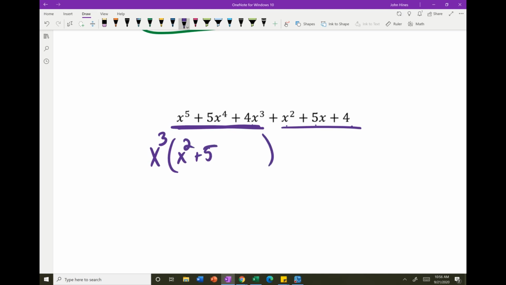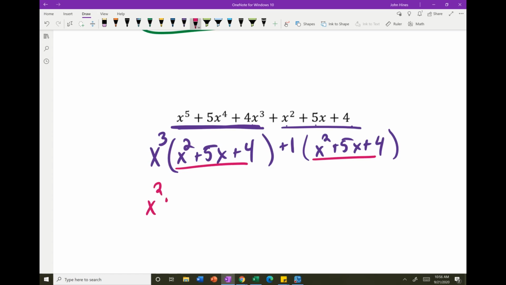Lost 3, lost 3, lost all of them. So this trinomial better be over here in this set of parentheses. Yep. Well, what times x squared is x squared? What times 5x is 5x? And what times 4 is 4? Well, a positive 1.